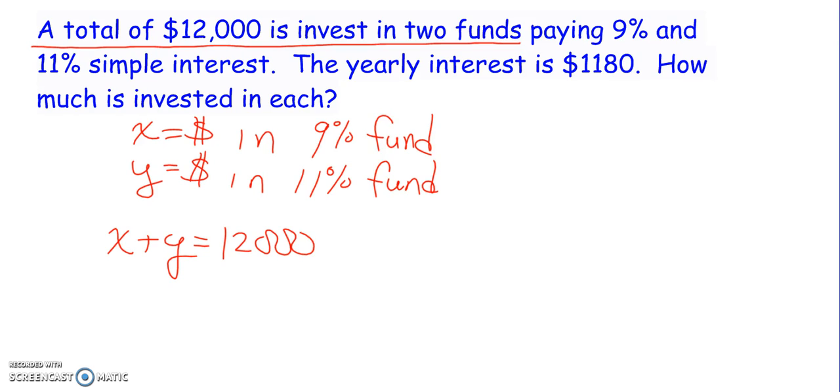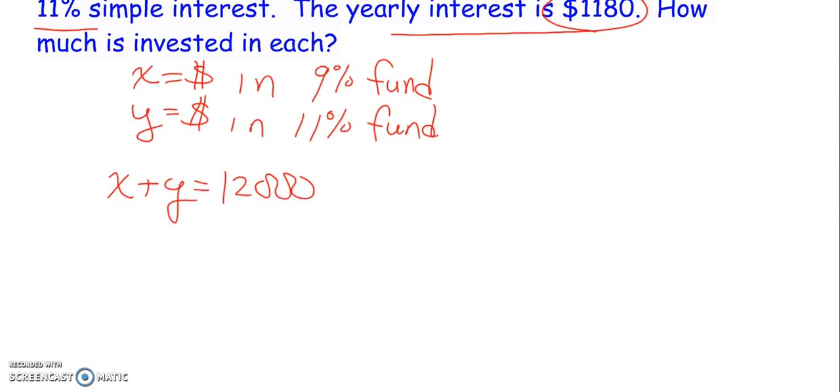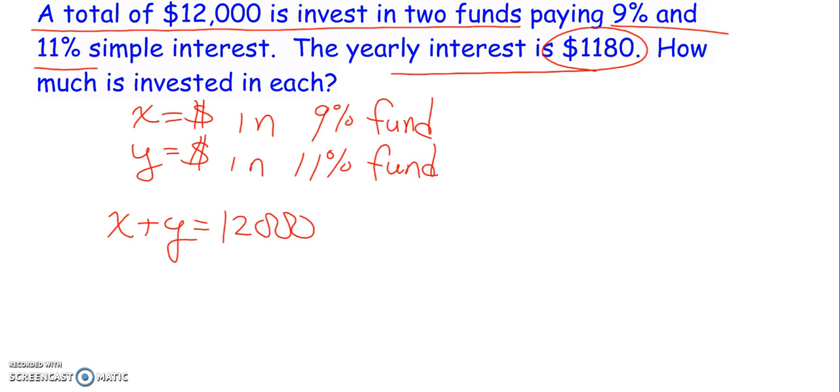The second one is the yearly total interest is $1,180. That interest is obtained by getting 9% and 11% simple interest out of those two funds. So if I know my fund is earning 9% of however much money I have invested, well, 9% of x would be 0.09x.